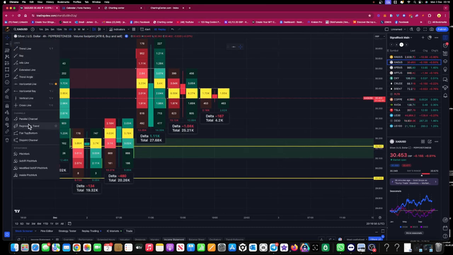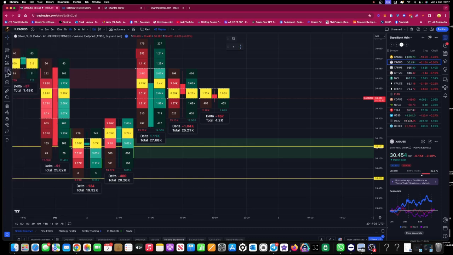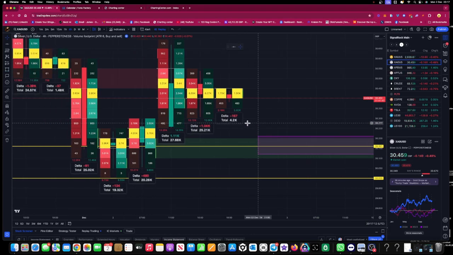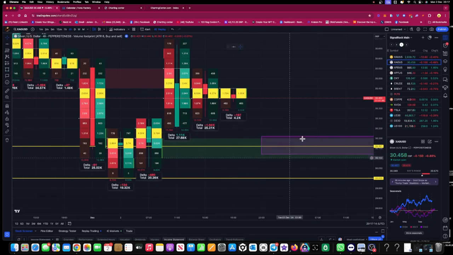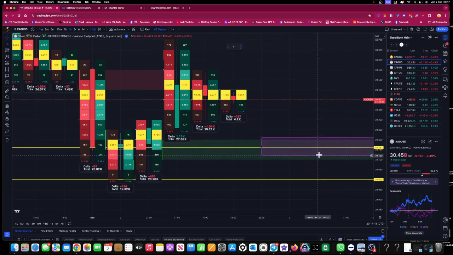But potentially somewhere around here, maybe looking at buying silver around the 30, potentially between the 30.